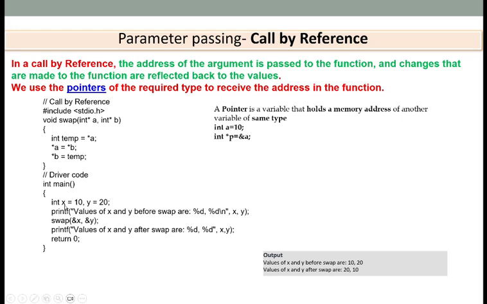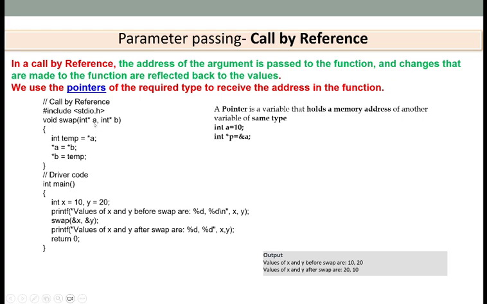We are directly passing the address itself. So whatever the value you change in that address, it will be reflected. So after this, this function will call this. Here also we have to use the pointer variable.